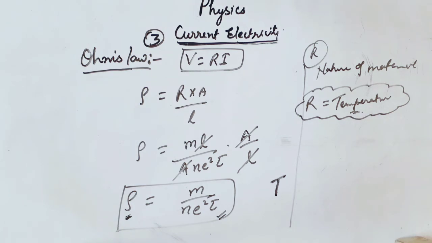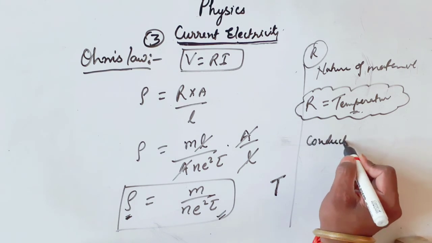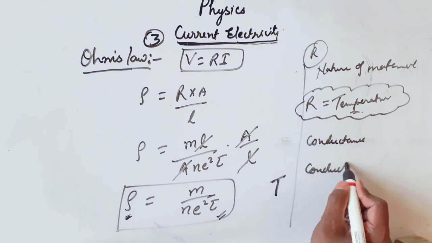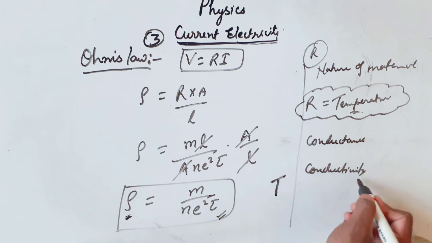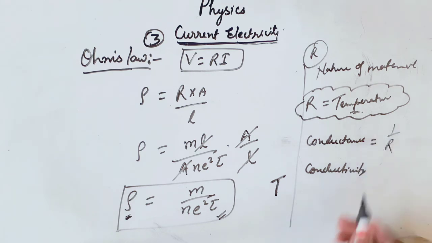I just want to clear two definitions in this video: one is conductance, and another is conductivity. What do you mean by conductance? It is the reciprocal of resistance. In place of R we can put the value of resistance, which is equal to ml upon a n e square tau.